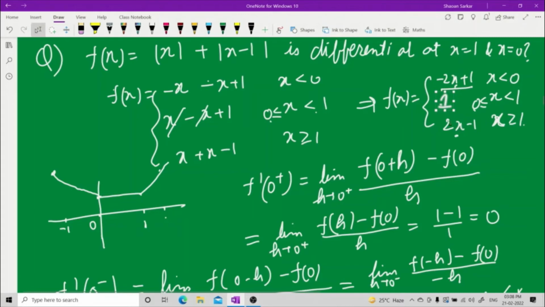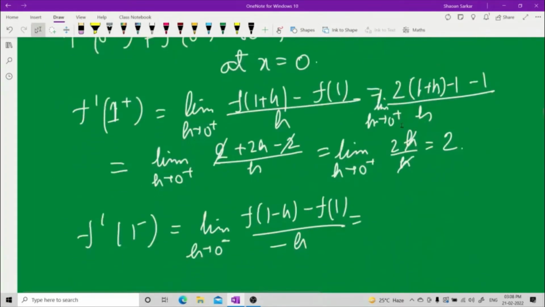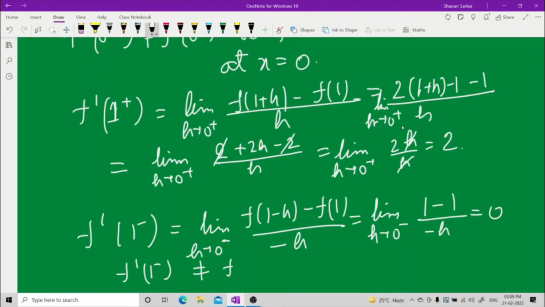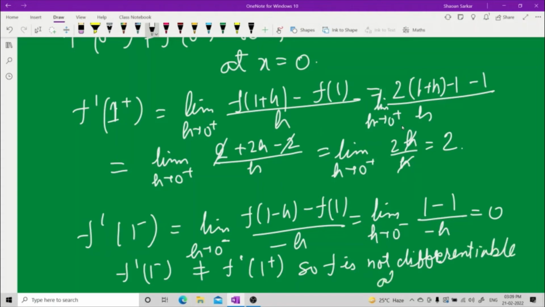So this is (1 - 1)/(-h), and this is 0. So the left hand derivative at 1 is not equal to the right hand derivative at 1+. So f is not differentiable at x = 1.